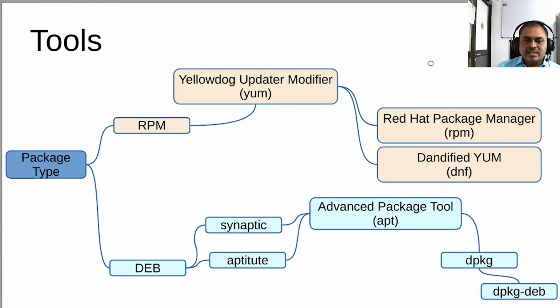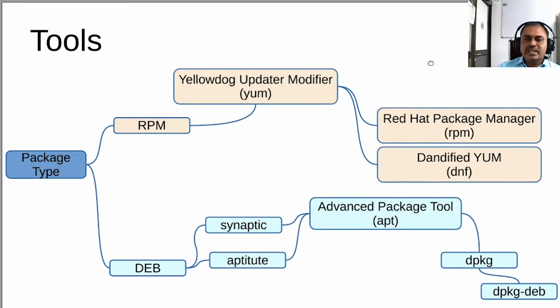In the recent past, yum has been modified and is now called DNF, which expands to Dandified Yum. So if you have a Red Hat operating system, then you would use DNF to manage the packages. Most of the options are quite compatible, so you should be able to readily use those commands.